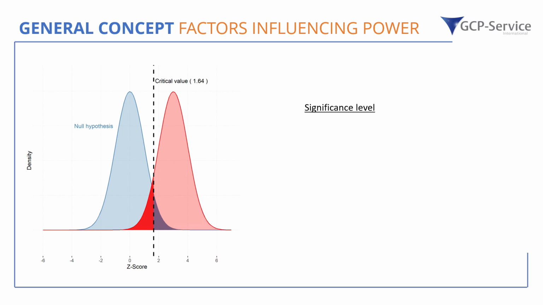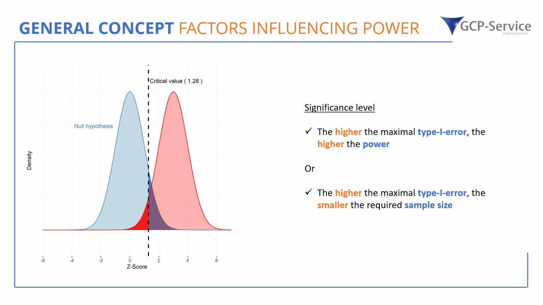So we see that when we shift the critical value towards 0, the power will be higher. To say this in words, the higher the maximum type 1 error, the higher the power will be. Or we can also put it the other way around: when we have a higher maximum type 1 error, we need a smaller sample size.